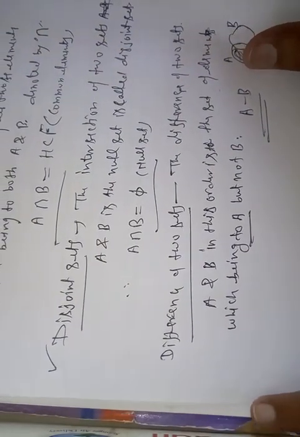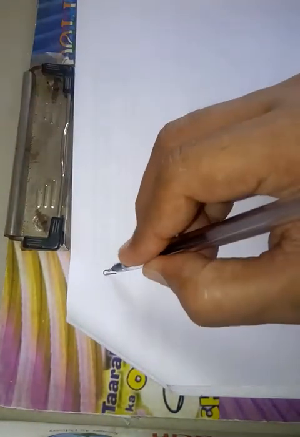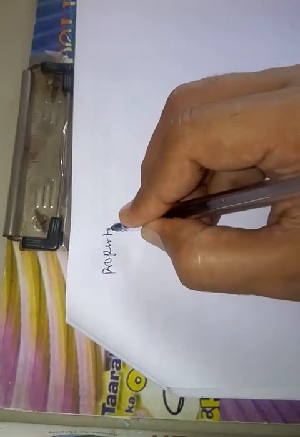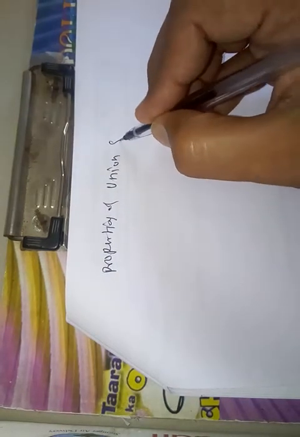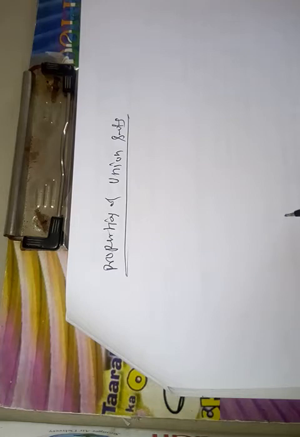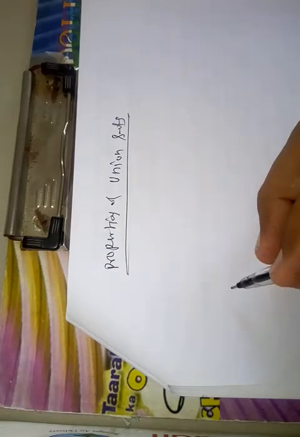Right. The properties of union of sets. The commutative and associative properties are already valid for union.